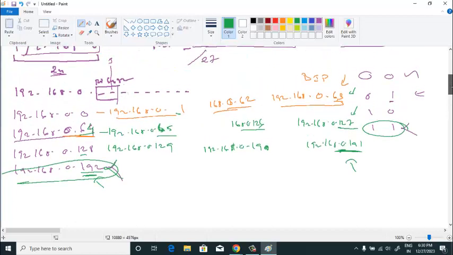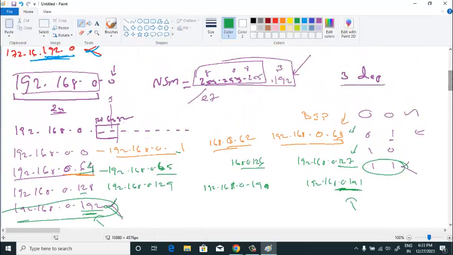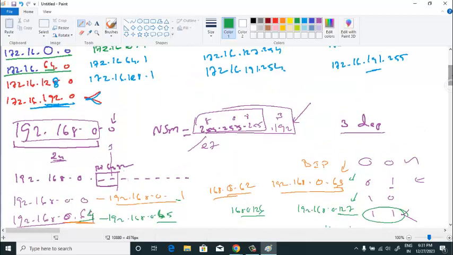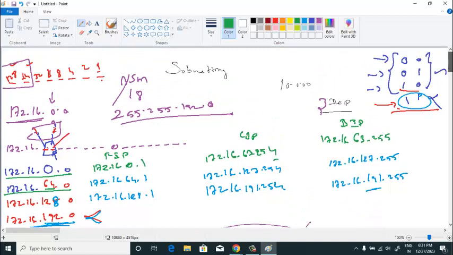This is why we are saying minus 1. See, 2 to the power of 2, how much do you get? 4, no?